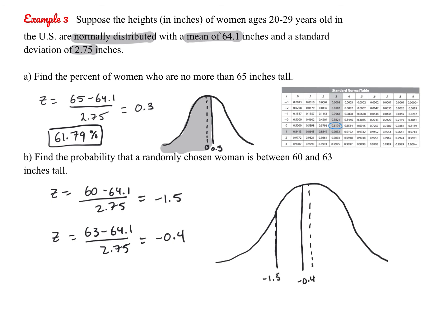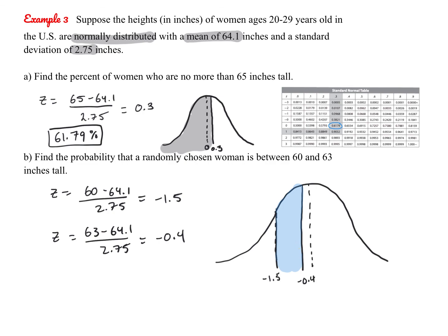So we want to find this in between. We want to find the area underneath the curve in between those two. To do that, I can find the area up until negative 0.4, which our table will tell us, and then I can subtract away this area, and that will give us the stuff that's in between.